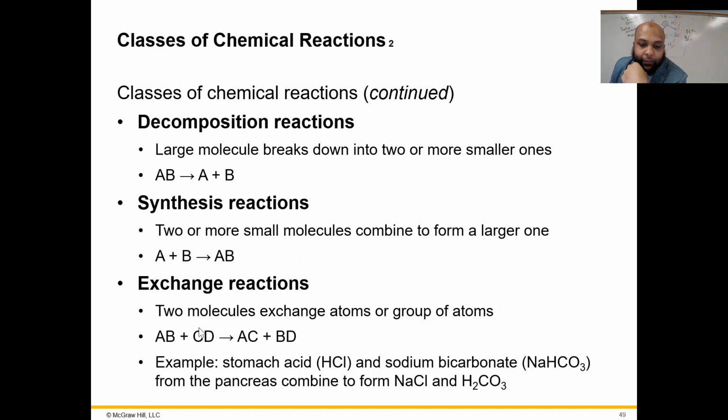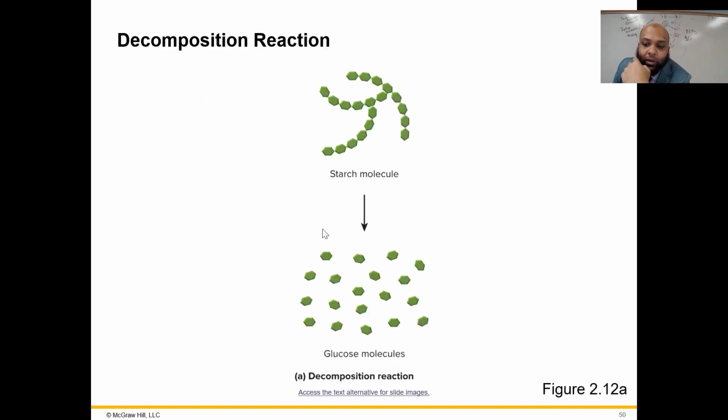You're going to end up with AC plus BD. An example would be stomach acid and sodium bicarbonate from the pancreas, combining to give you sodium chloride and bicarbonate.